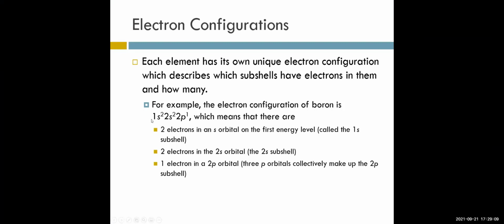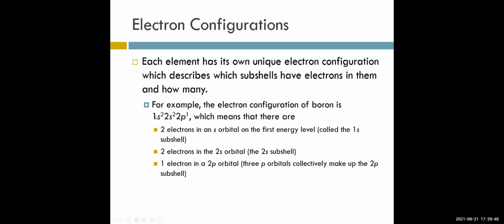So this is the subshell, and then as an exponent, we list the number of electrons in that subshell. Then we move on to the next subshell, 2s, and we put 2 electrons in it. Now it's full. We still have 1 more electron to worry about, and so it goes into the 2p. It goes into one of the orbitals in the 2p subshell. Okay. And now we've run out of electrons.